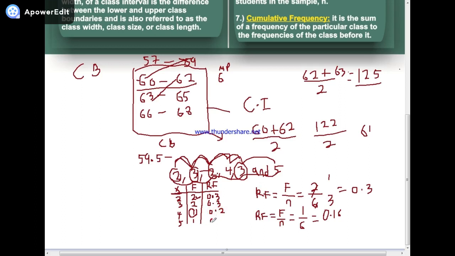And this one also should be 0.2. So this is what we call the relative frequency. So that is that about that.